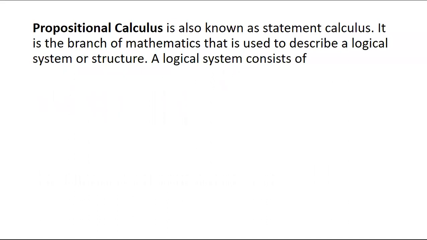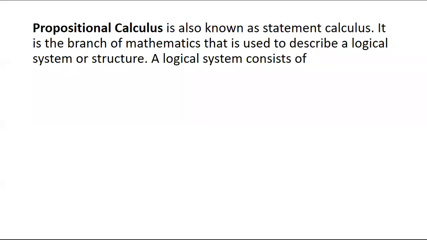I already told you propositional calculus is also known as statement calculus. Why are we calling this statement calculus? We are dealing with the statements, so that's why the propositional calculus is known as the statement calculus.